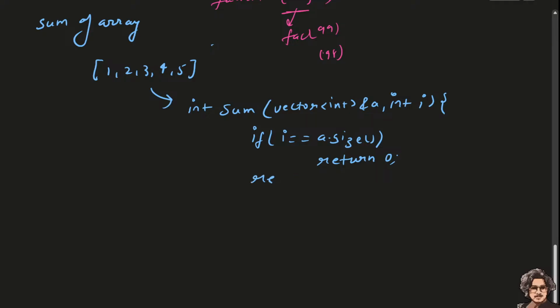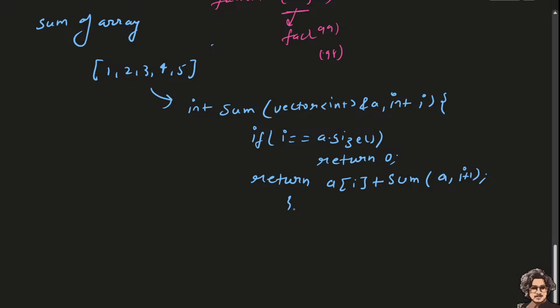Otherwise we have to return a of i plus, then we call this function once again, sum. The vector remains the same, we just move one step forward.